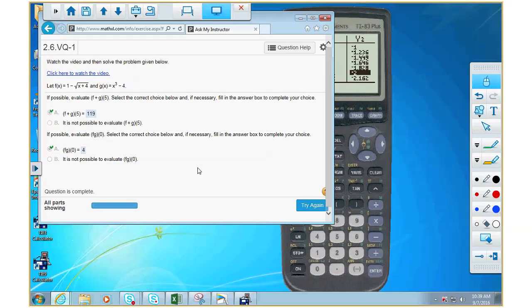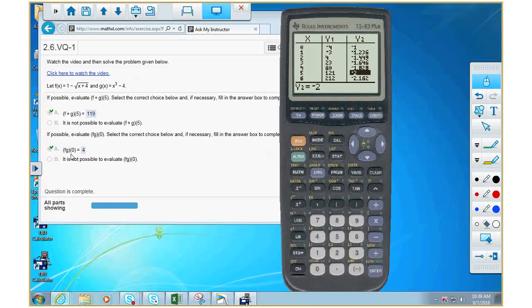Now, if you take those two and you go back to your graph, what is f of 0? So go up to 0. There it is. And just multiply them together. Now, the best way to do this is punch it into the calculator, go to table, and then just look at the numbers and multiply them or add them or do whatever. That's the easiest way to do it.